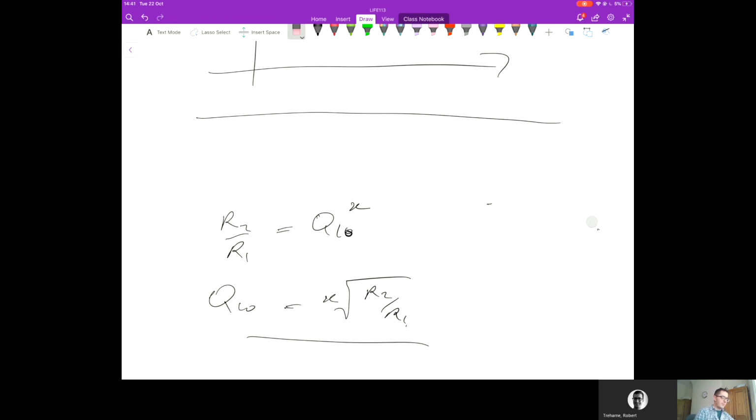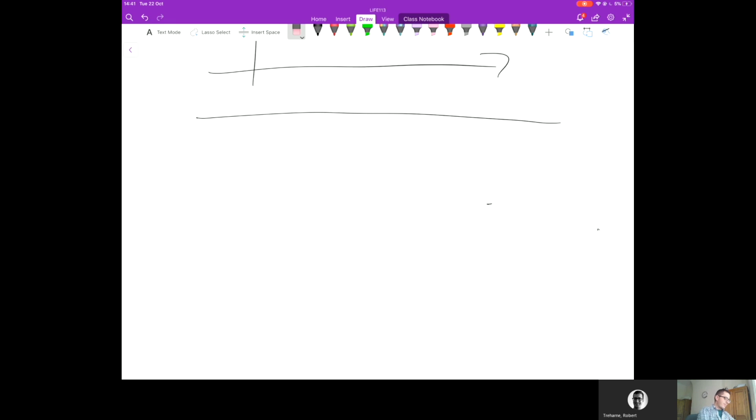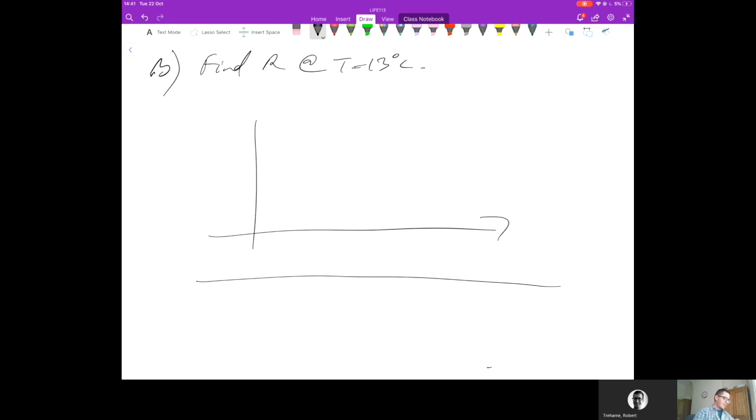Right, so, okay, get rid of that. Come on, Rob. Right. What was I doing? Right, yeah, I was looking at this relationship. So I've given you 2 data points, and it's telling you the R and the temperature. It's probably doing something like that.